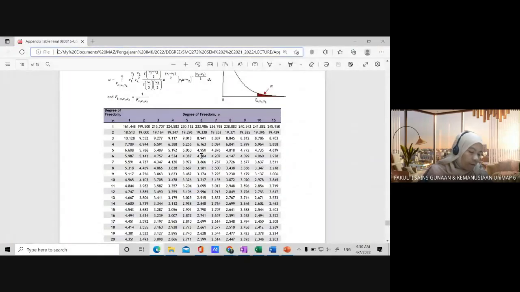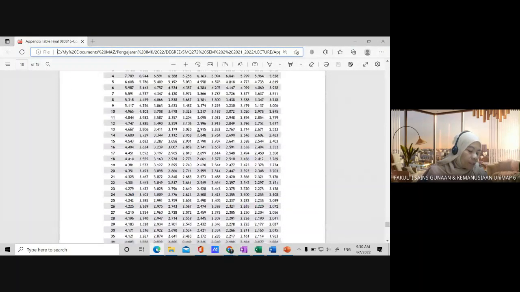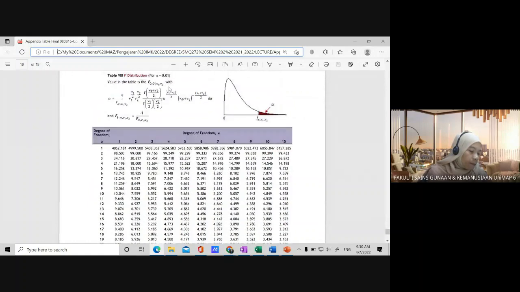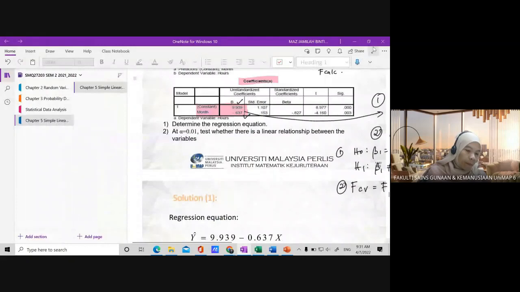Look at your F distribution table for alpha 0.01, with degree of freedom of regression 1 and degree of freedom of error equal to 8. So I get 11.26 as my F critical value, 11.259 or 11.26.